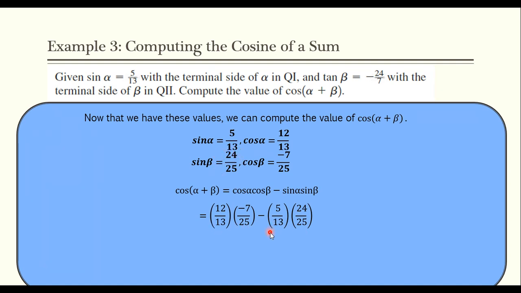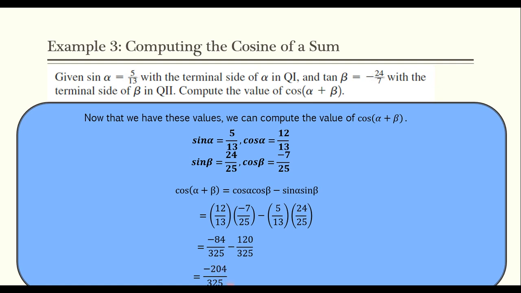And if I reduce these large numbers, I would get a common denominator of 325. Negative 7 times 12 is negative 84. 5 times 24 is 120. So if I combine these, since they have the same denominator of 325, I end up with cosine of alpha plus beta is negative 204 over 325.